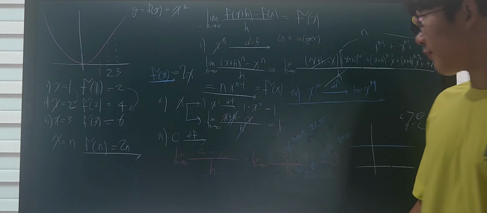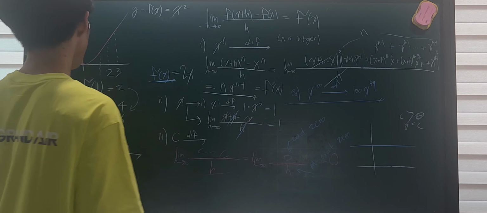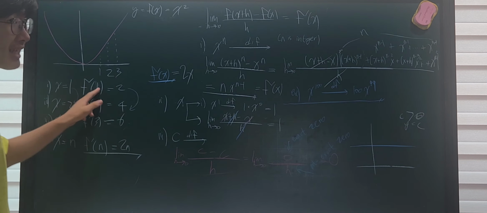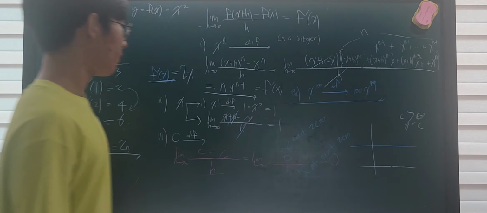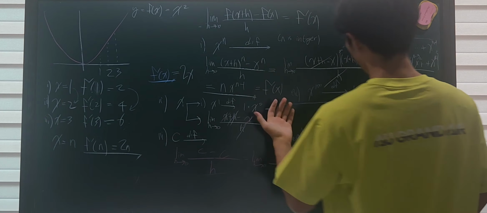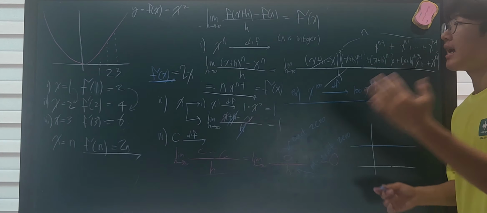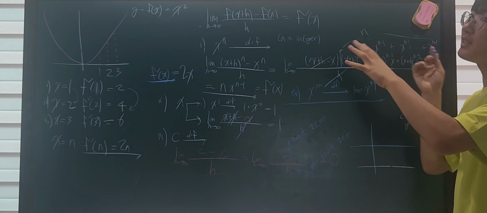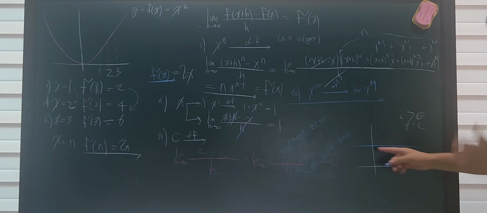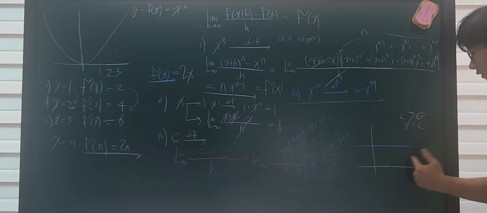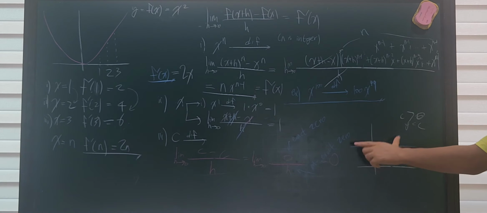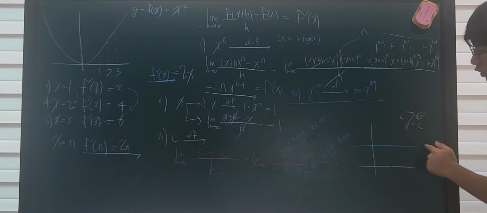However, I said the derivative function is determined by the relationship between x and the instantaneous gradient of the corresponding values of x, right? So you can see that f prime x is the relationship between x and its instantaneous gradient. However, when you look at this function, you can see that at every point of x, the instantaneous gradient of this overall function never changes and is constant with a fixed value of zero.